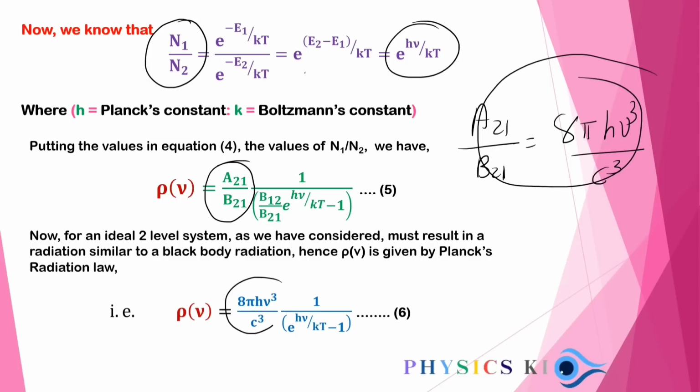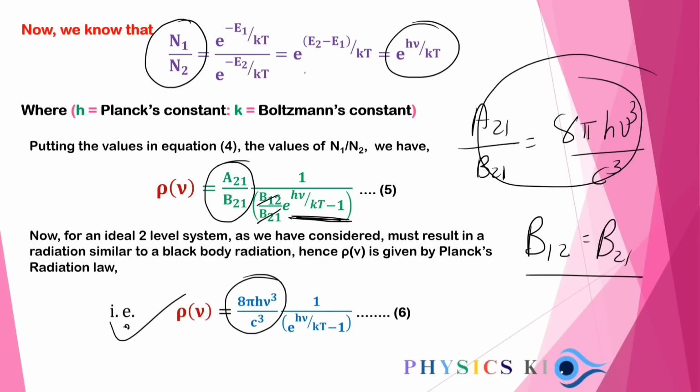Here B21 divided by B12, both cancel out. Why? Because both rates are the same. So directly cancel out, and this is the remaining thing. So we get our equation number 6, and you can directly write down this is your first equation and this is your second equation.